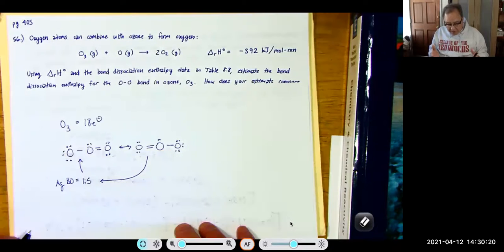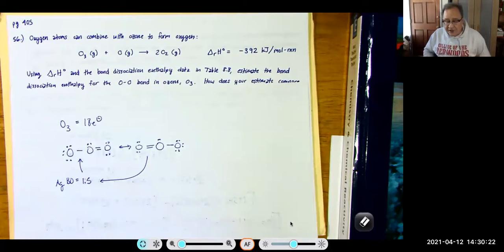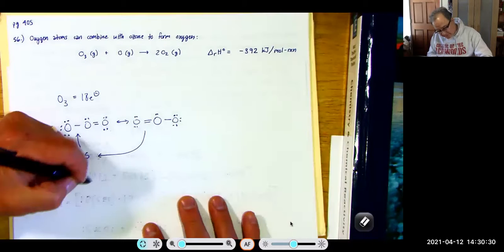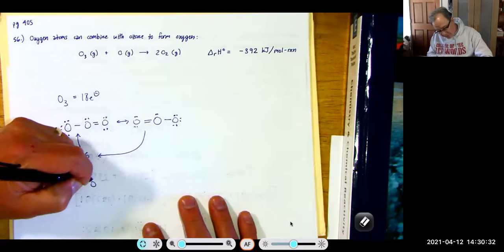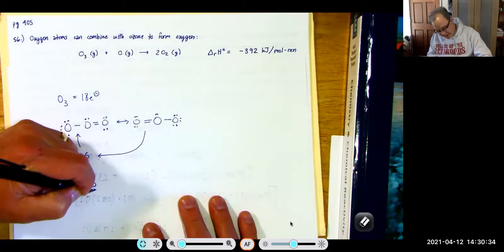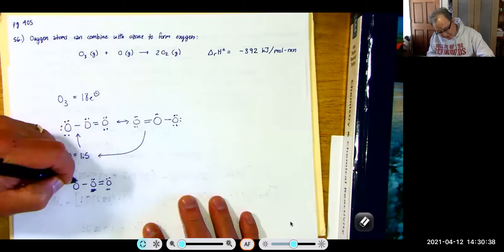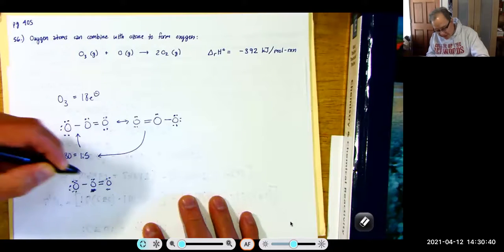But to do this problem, there are no bond dissociation energies for a 1.5 bond. So what we have to do is this. We have to say that this is the reaction.